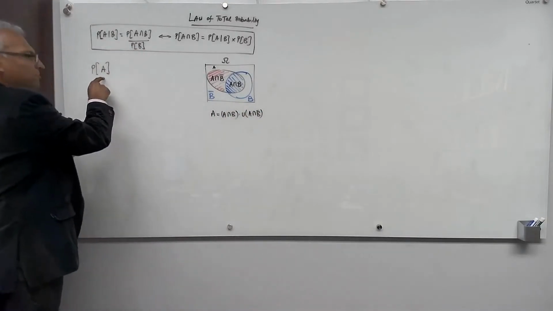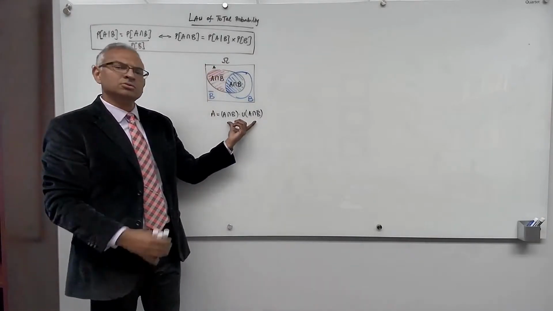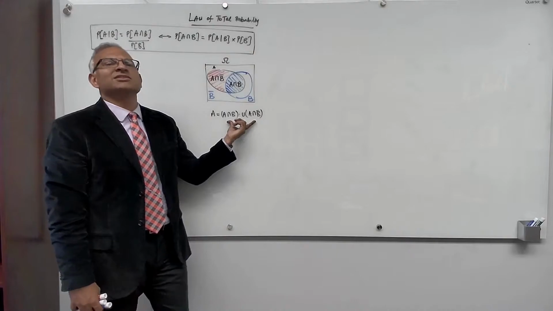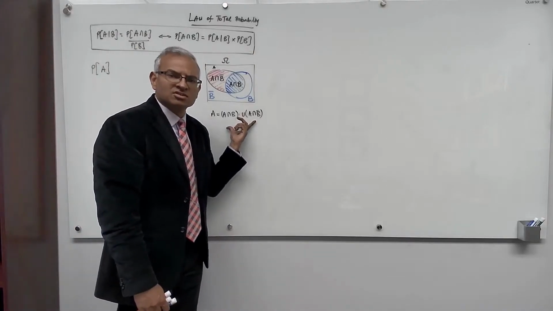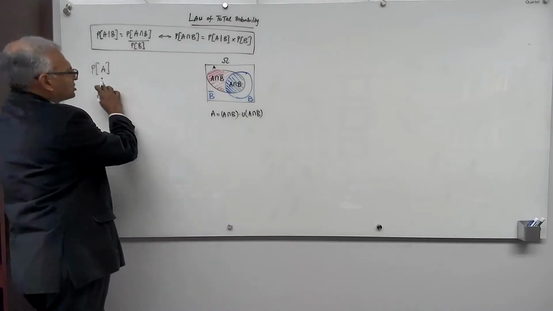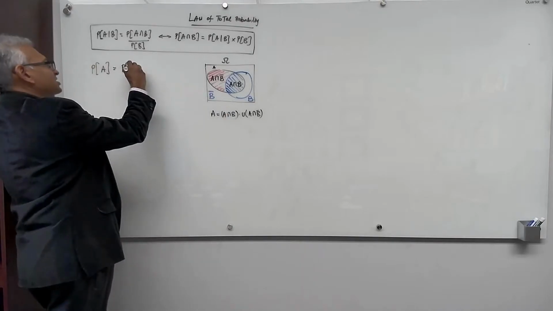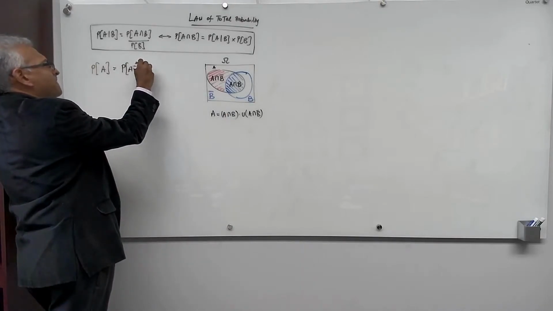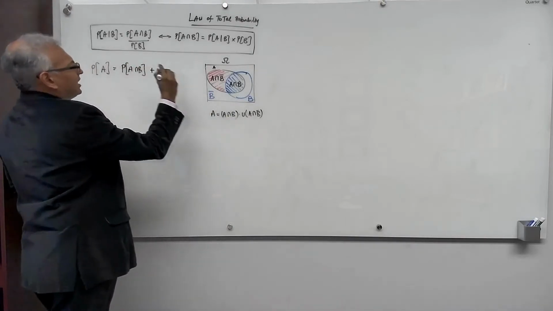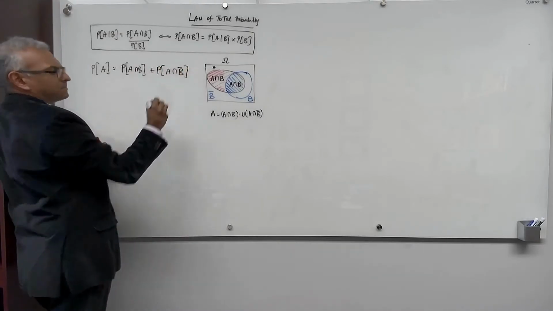So we can compute the probability of A. It's the sum rule for disjoint unions that applies to probability, just like we had the sum rule for counting the sizes of sets. The probability of A sums the probabilities of all outcomes in A. So we can sum the probabilities of all the outcomes in A intersection B, and add that to the outcomes in A intersection B bar. So that's the sum rule.